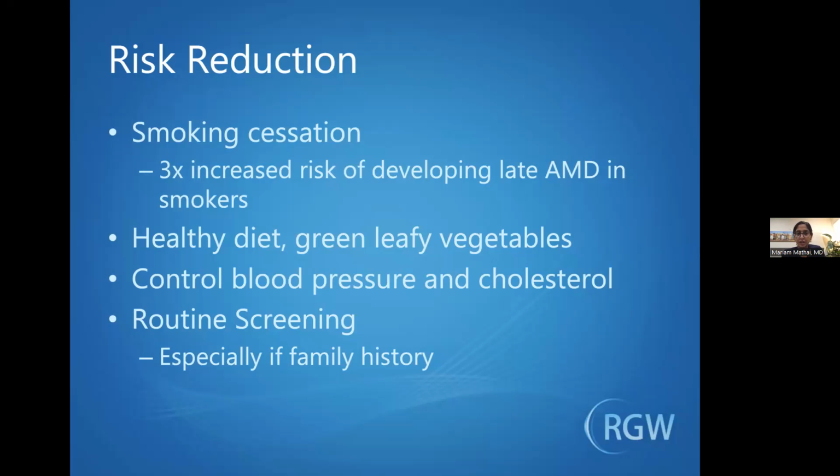Blood pressure and cholesterol have been linked to the progression of AMD, as well as, for some people, UV light exposure, so wearing sunglasses outside. And again, I cannot stress the importance of routine screening, especially if you have a family history of either the dry or the wet type.